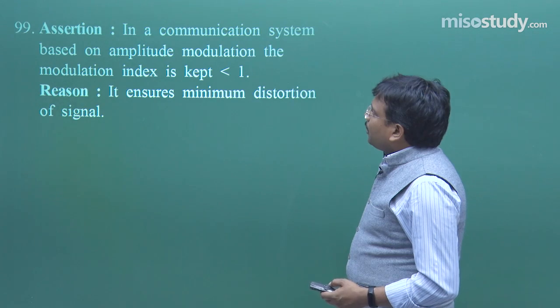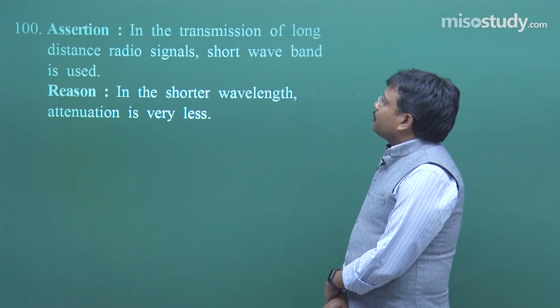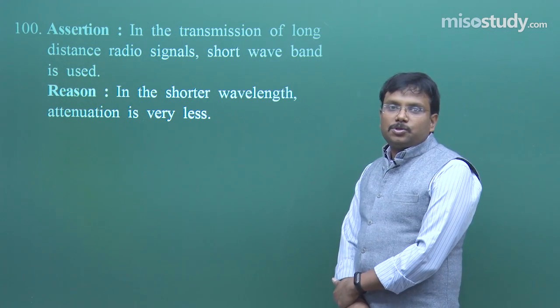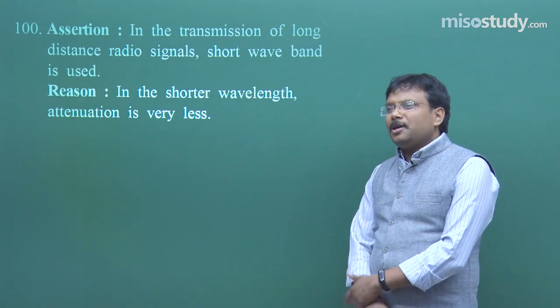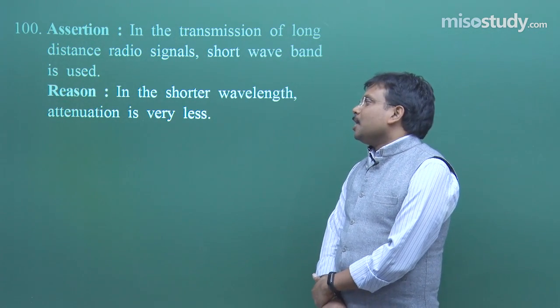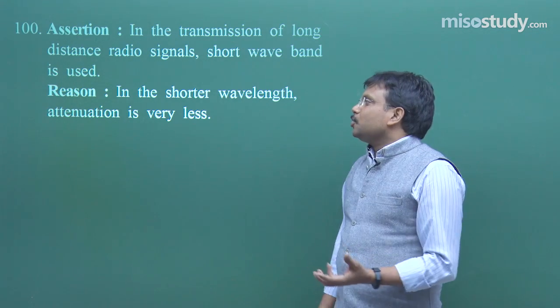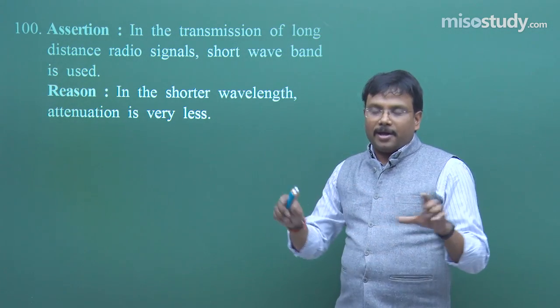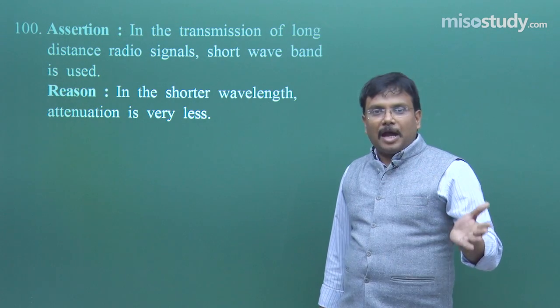Then comes question number 100. In the transmission of long distance radio signals, short wave band is used. It is a true fact. I do not know right now whether you people are using it or not. Nowadays people are only using FM radios, but in olden days in villages people used to listen to a transistor, a big device, and there were two modes, medium wave and short wave.